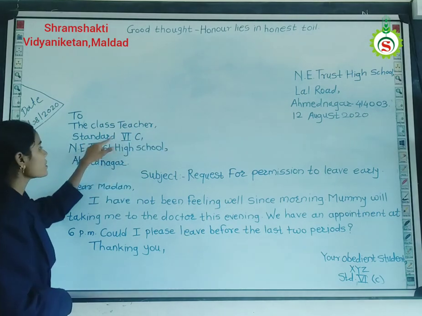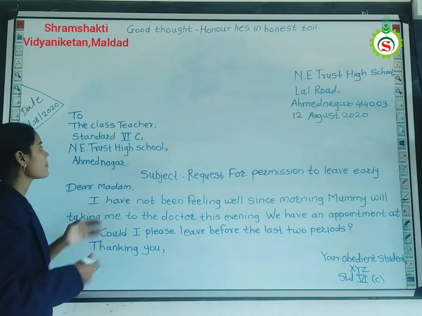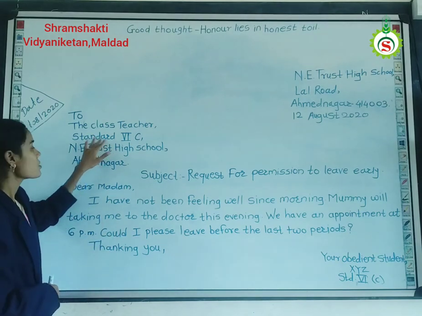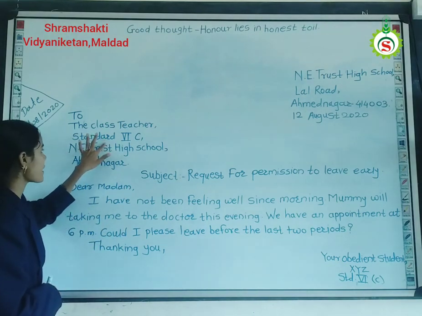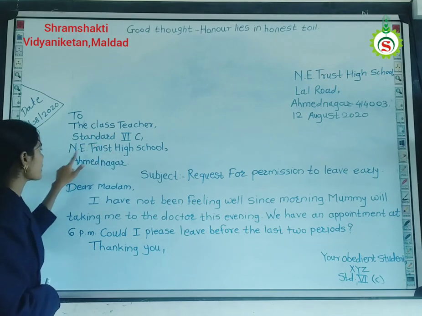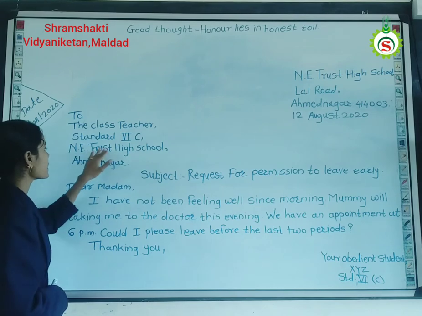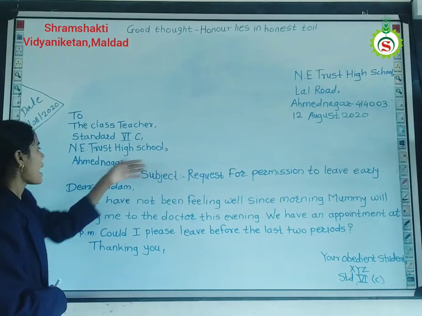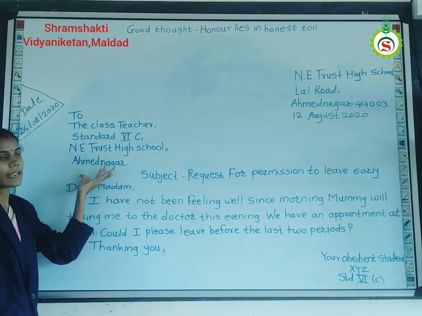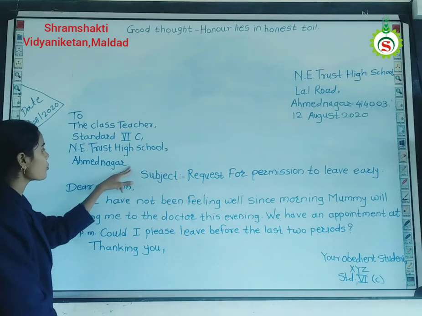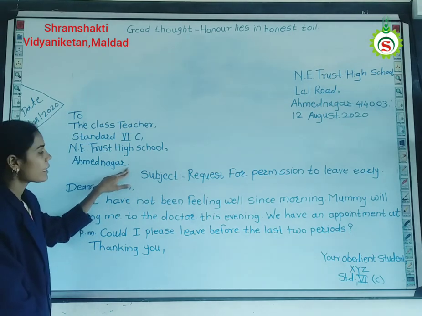Then your standard, the standard you are now studying in. Then Young Trust High School, your school name. Then a comma, and then your district name. After that you put a full stop.